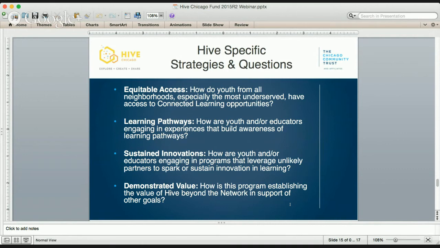Don't forget to ask yourselves, what will our outcome be around equitable access? What activities are we going to engage in to ensure equitable access, and how are we going to know it? What will the measure be for that? That's one example. How are we going to build learning pathways, and how are we going to know that at the end of the project? Keep in mind that these 4 goals are central to your application.